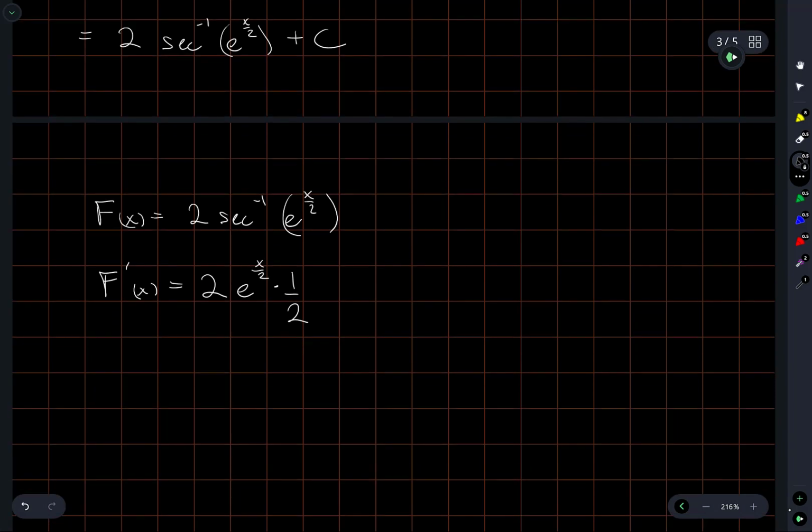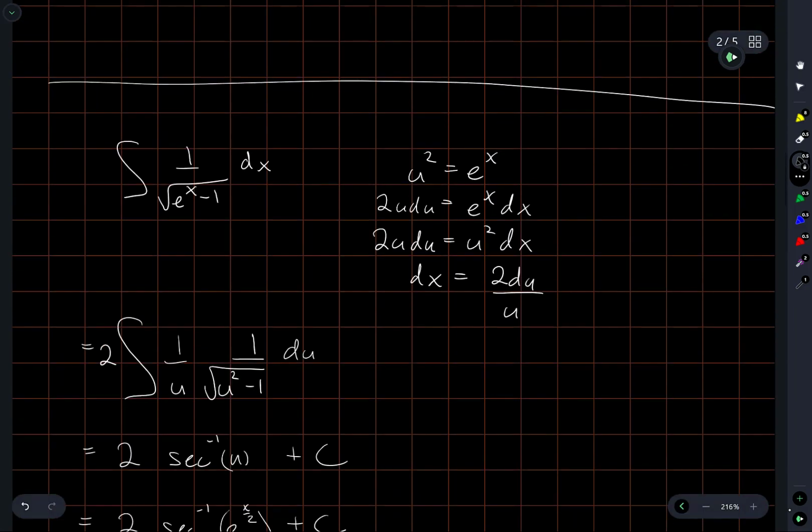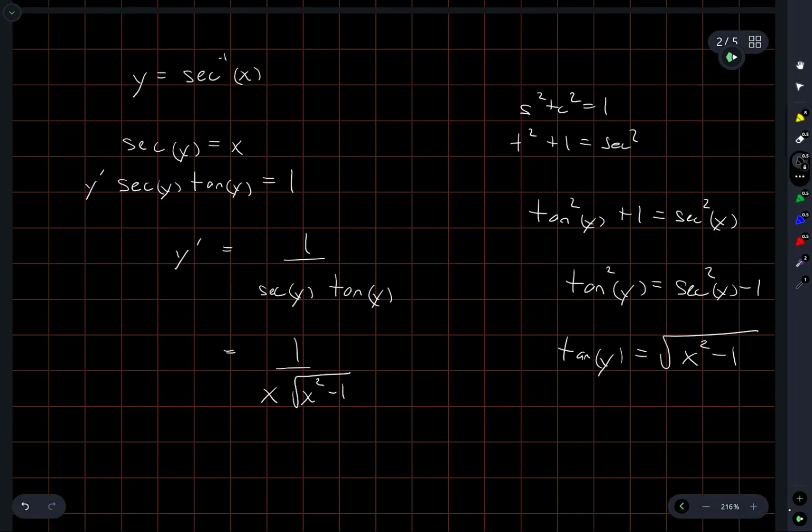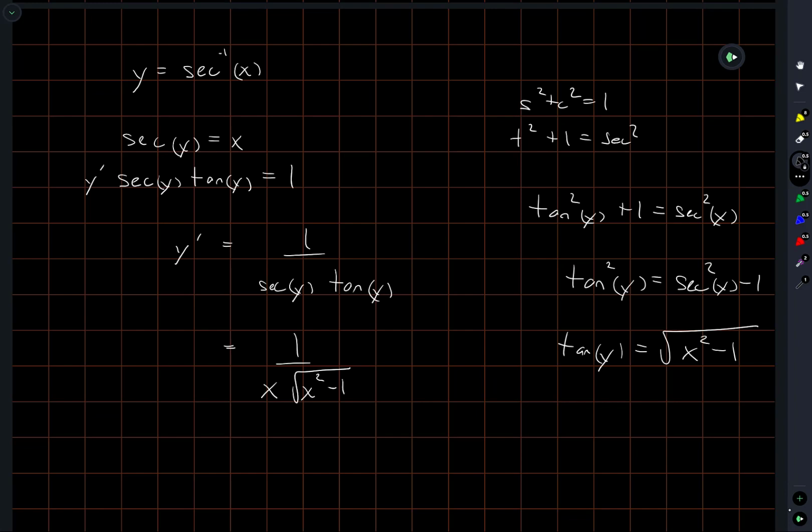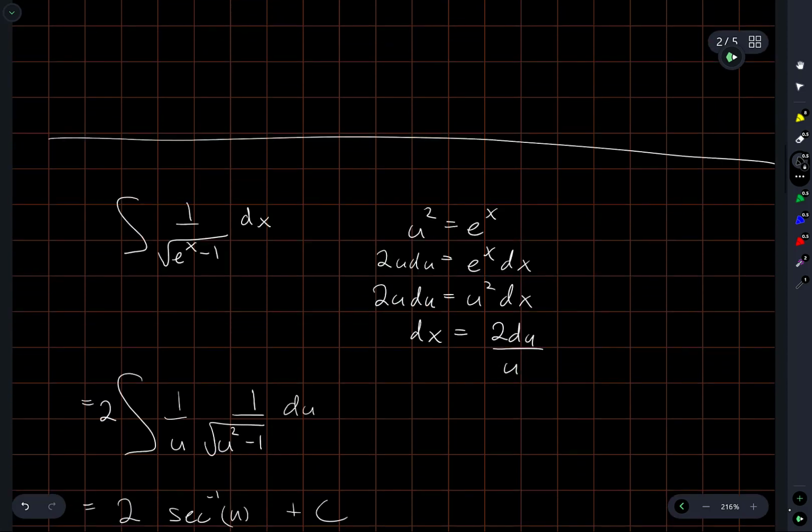And now we need to multiply by the derivative of secant inverse evaluated at e to the x over 2. But we did that earlier, right? The derivative of secant inverse is this thing here.